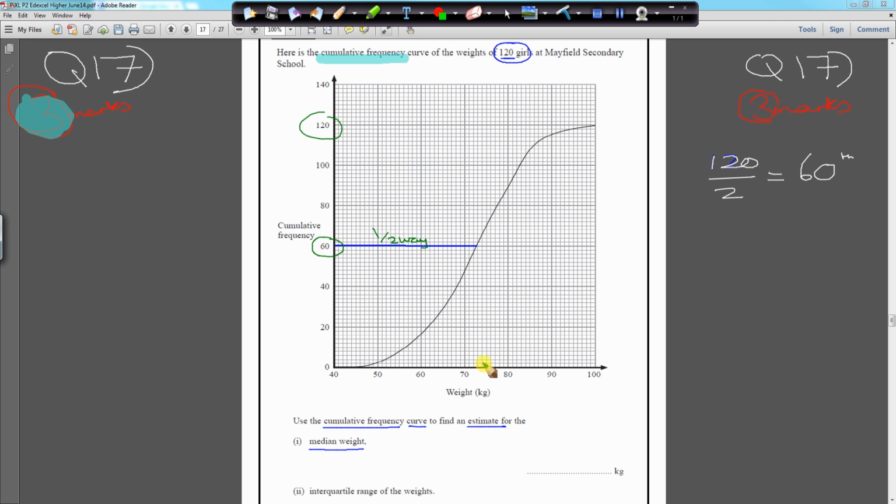Now we need to bring a line straight down from here, folks. So let's go back to our blue line. We go from where we make contact with the curve, bringing it straight down.